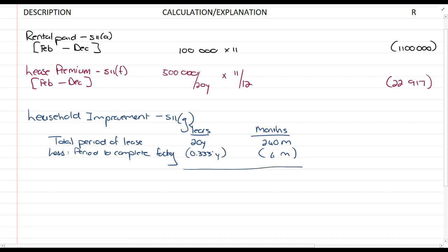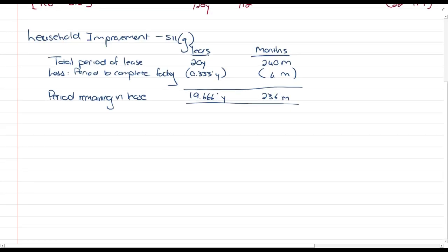So this gives us the period remaining. So 19.6666 years and 236 months. So now you can do the leasehold improvement calculation in one of the following ways.